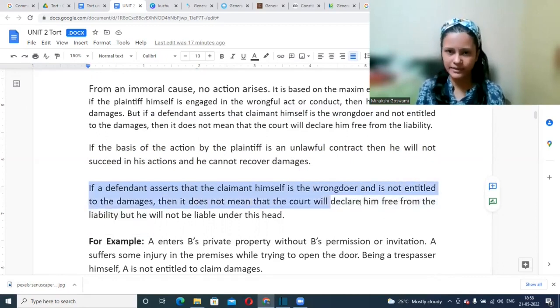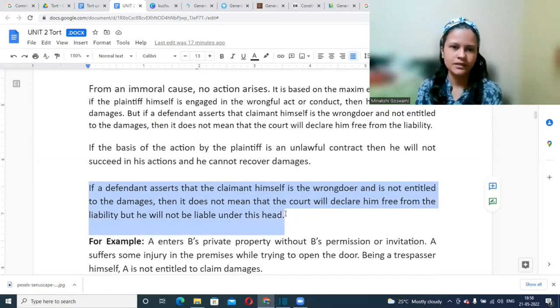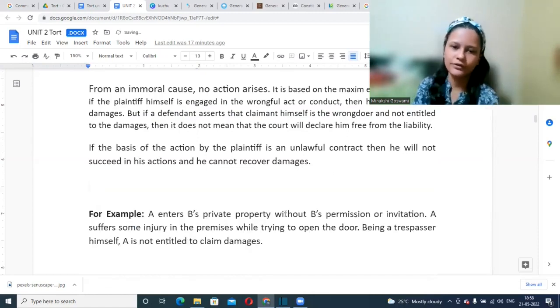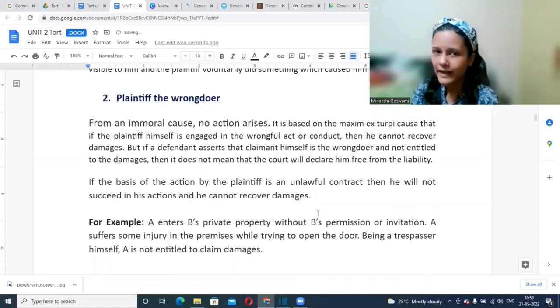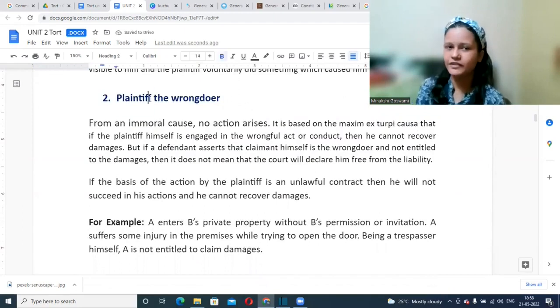Okay, so when a person, the plaintiff, is going to the court and filing a case, he should be right and proper in his actions. Otherwise, it might be proved that no, he is not entitled. Defendant can claim this defense.